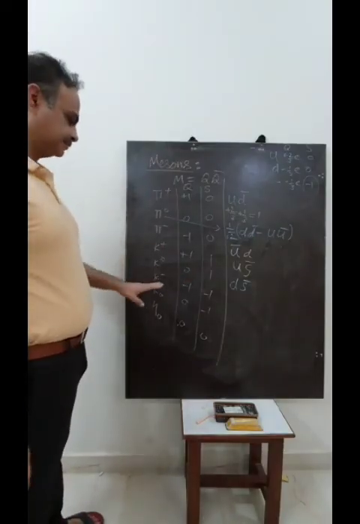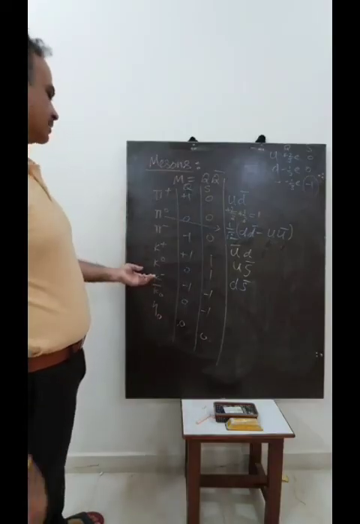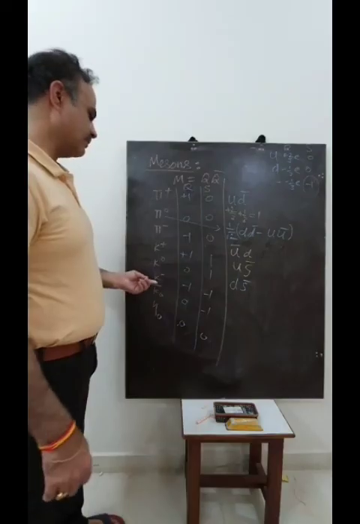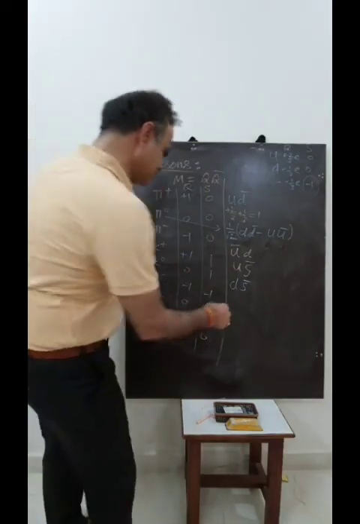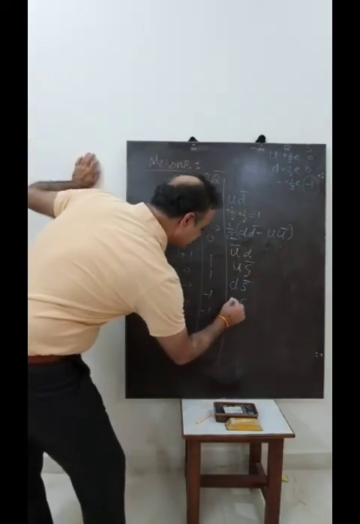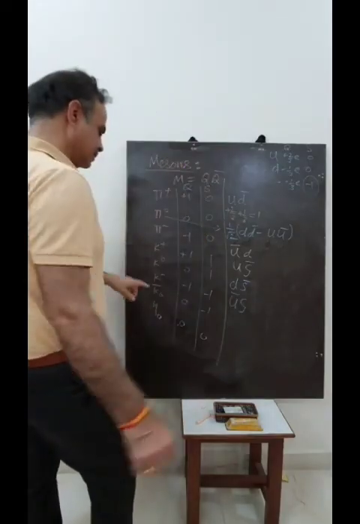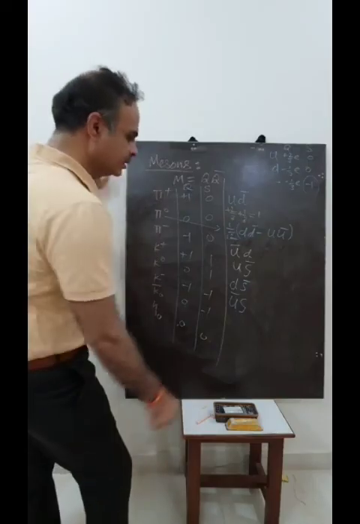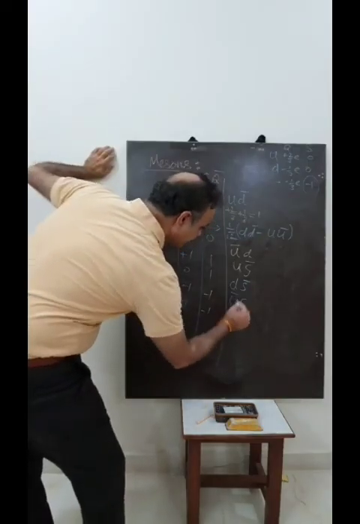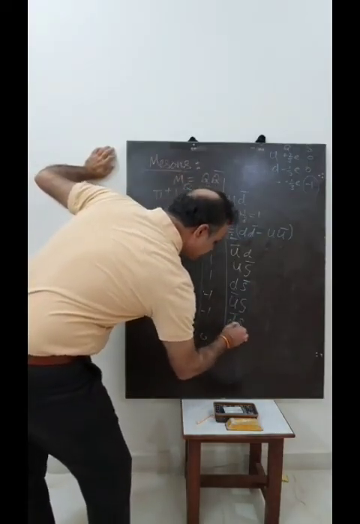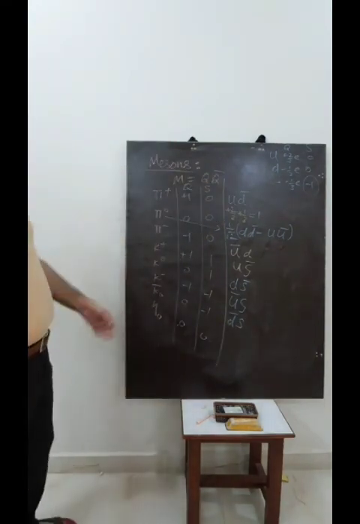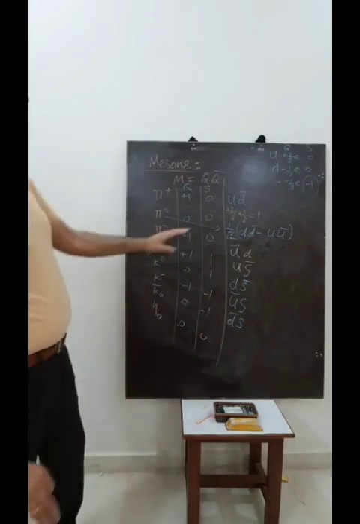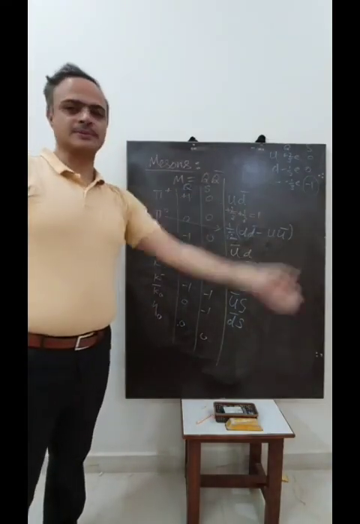Then K minus is the antiparticle of K plus. If you make K minus, S is as it is, with a negative charge, u bar S. K naught bar is the antiparticle of K naught, so it is d bar S. Simple. And eta naught can be a combination of all: DD bar, UU bar, SS bar.